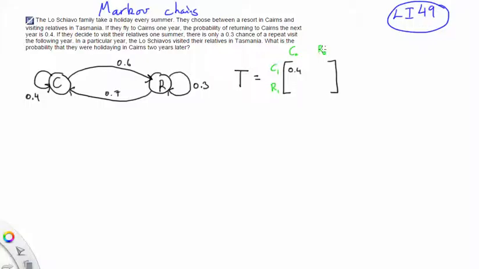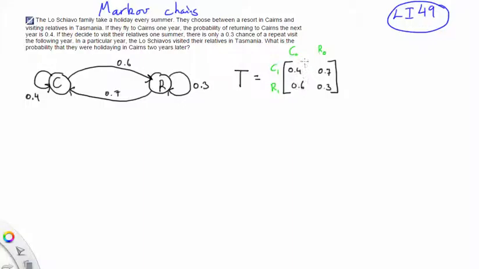Going to see the relatives from one year to the next is 0.3. Going from the relatives to Cairns is 0.7, and going from Cairns to the relatives is 0.6.